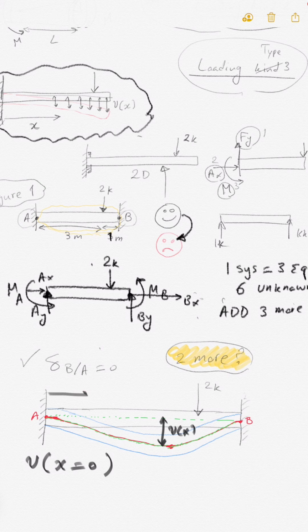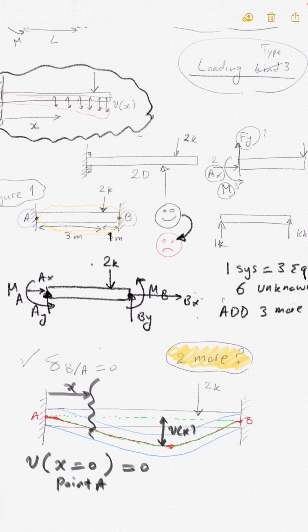If you take x from the left, you remember we did this so many times, taking x from the left, drawing either the moment diagram, shear diagram, axial load diagram, torsion diagram, torque diagram, anything, right? So here V at x equal to 0 is point A. What is that? That is equal to 0.